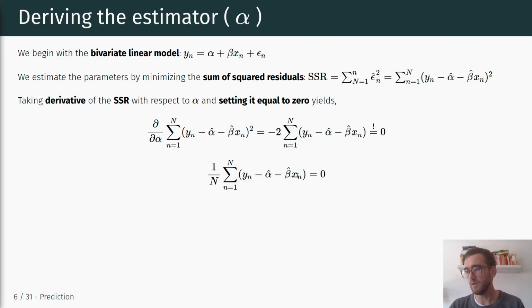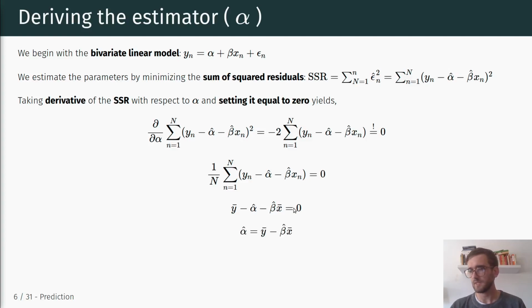If we sum over all xn's and then divide by n, this is just x bar, so the average of x in our sample, okay? So basically we can simplify this to y bar minus alpha hat minus beta hat x bar, okay?